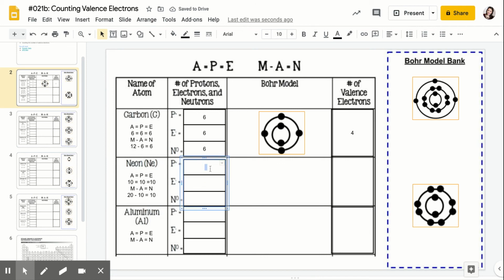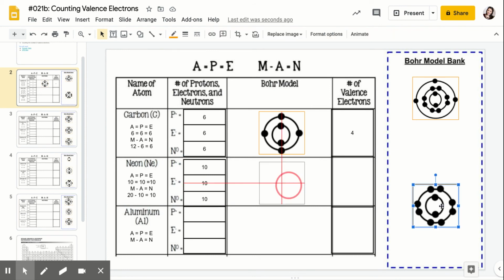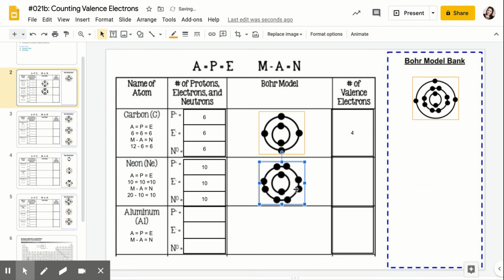So this is 10. Electrons are 10. Neutrons are 10. So I'm going to find the atom that has 10 electrons. So 1, 2, 3, 4, 5, 6, 7, 8, 9, 10, 11, 12, 13. That's too much. 1, 2, 3, 4, 5, 6, 7, 8, 9, 10. So that has 10. Okay.